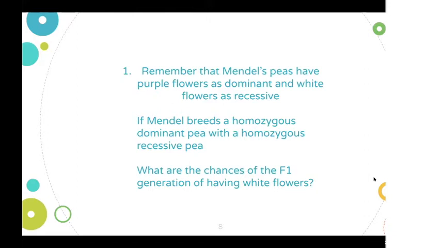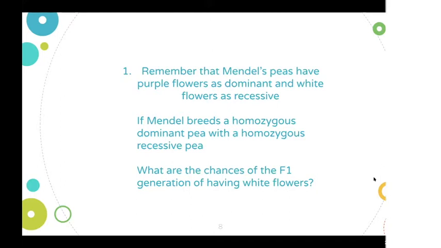So if you breed a homozygous dominant P, which means both of the alleles for the P will have purple flowers as their trait, and a homozygous recessive p means both alleles will be for white petals. If you use a Punnett square, you'll find out that all four of the offspring will have capital P, lowercase p.